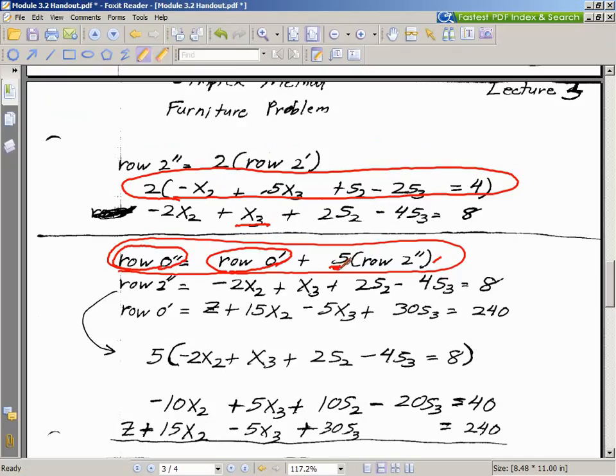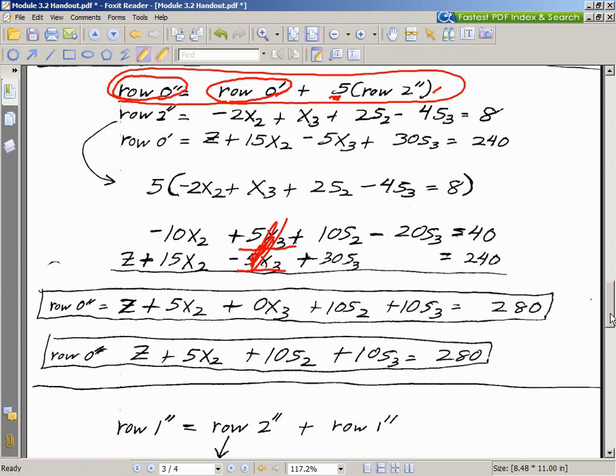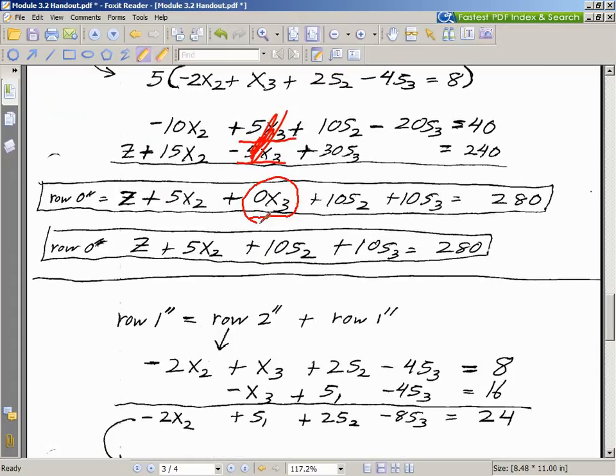And then when I add them together and do the math, notice how x3 simply disappears. I had 5x3 right here, negative 5x3 right here, and the two of them simply disappear. And see how I got rid of x3 in my profit equation?